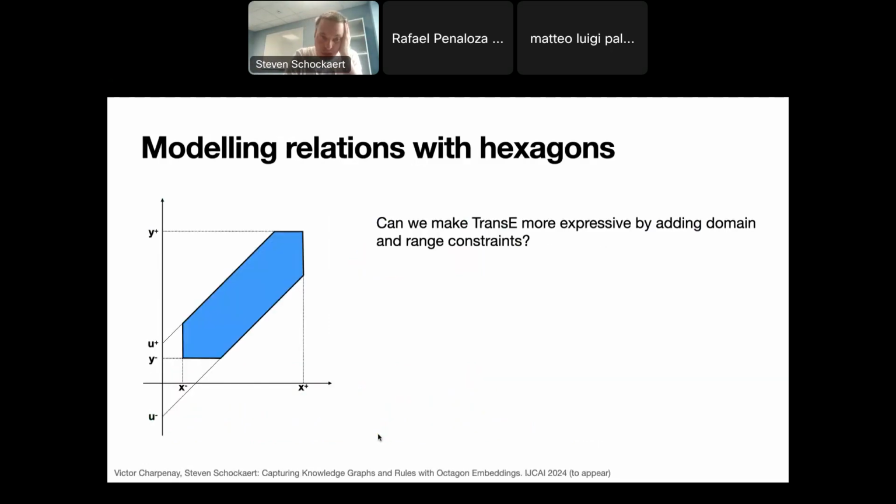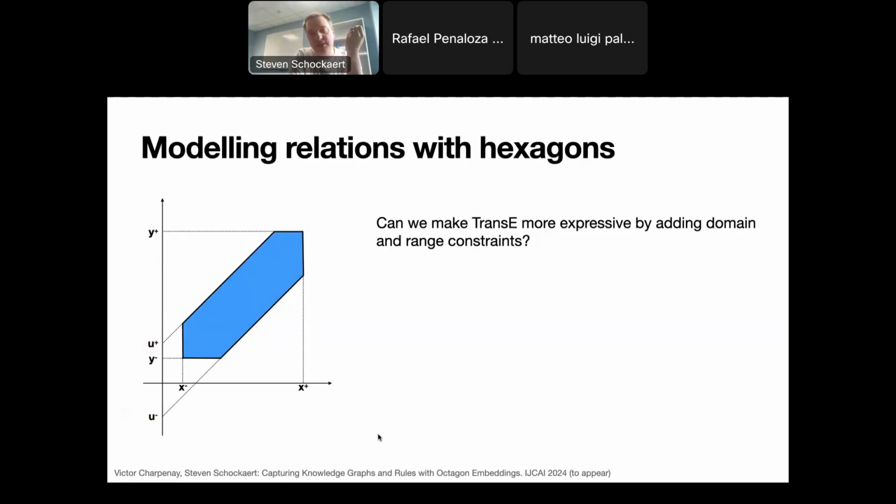The approach that we took was to start from trans-E, these trans-E stripes that always occur at 45-degree angles. But first of all, add domain and range constraints, right? So the trans-E constraint is this constraint, that the region is bounded by this line here and this line here, which are parameterized by these values u plus and u minus.